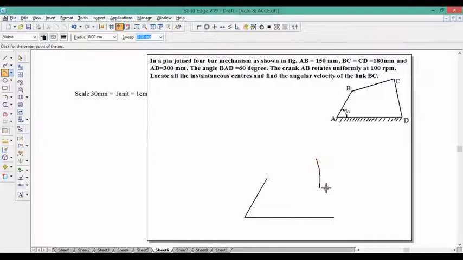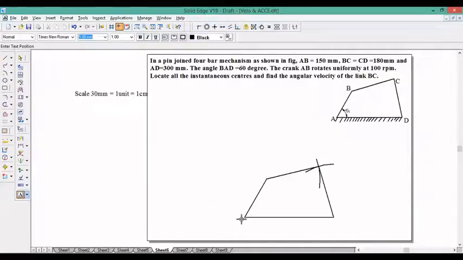Cut an arc. Similarly, keep the compass leg at this point, measure 6 centimeters and cut another arc. Then join this end point with the intersection of the arcs.